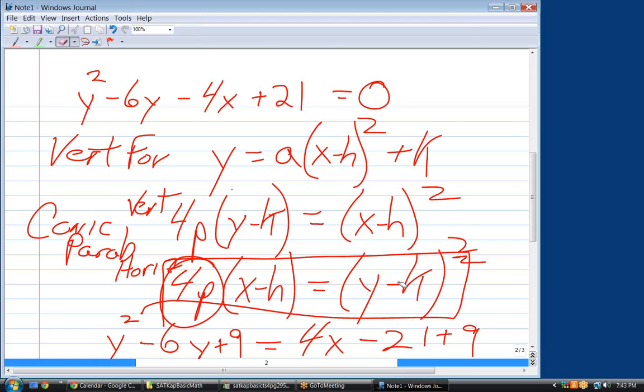And because of that, you have to add a number to it to be able to write it as y minus 3 quantity squared. And so you're always completing the square given these kind of polynomials. All right, what else you got?